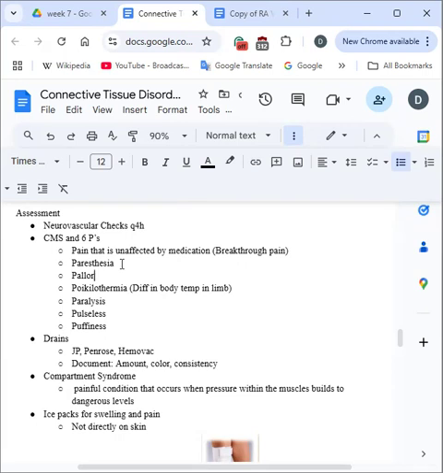Is the cast on too tight? Is it due to a fracture? The fracture might be causing an impairment in the circulation, in which case they have to do the fasciotomy very quickly because it's an emergency and they can lose the limb.